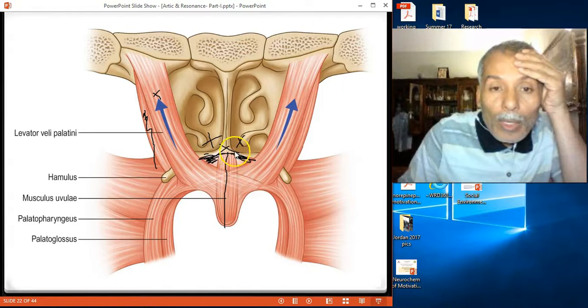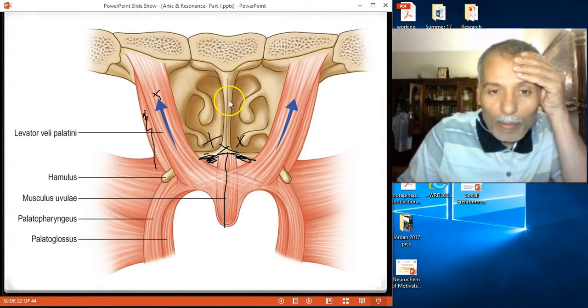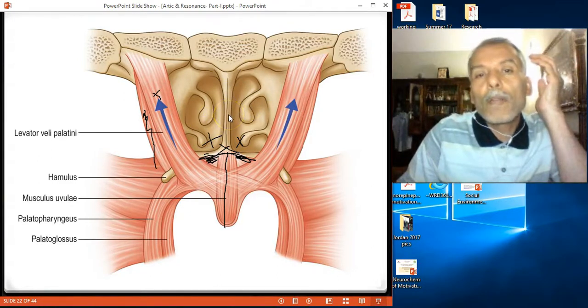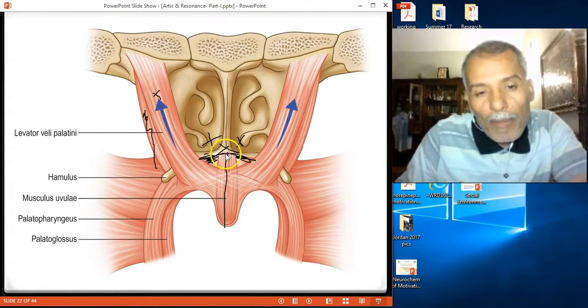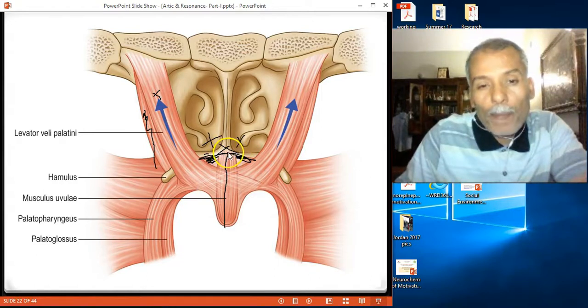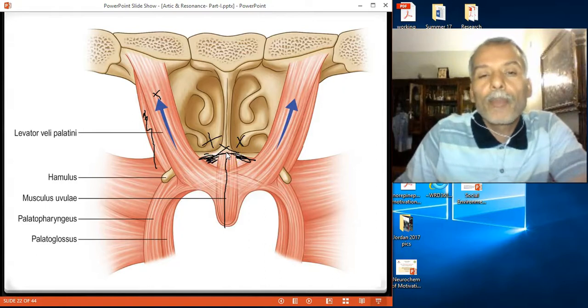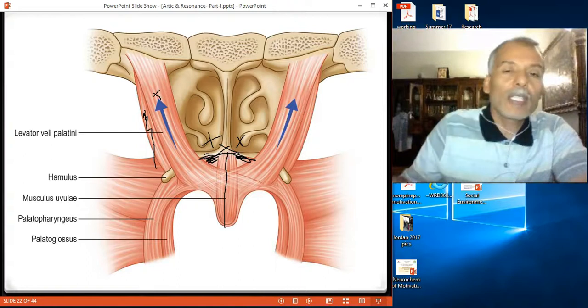So, see this bone that divides the nasal cavity into two cavities? That is called the vomer bone. And on the very bottom base of the vomer bone, where it meets with the palatine bone, that is called the posterior nasal spine.